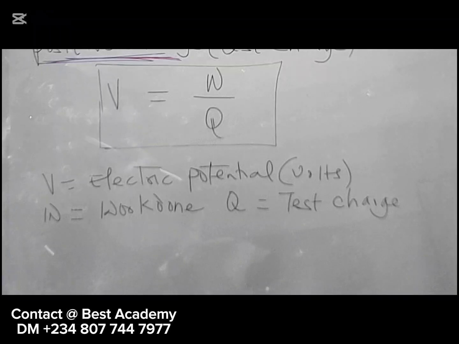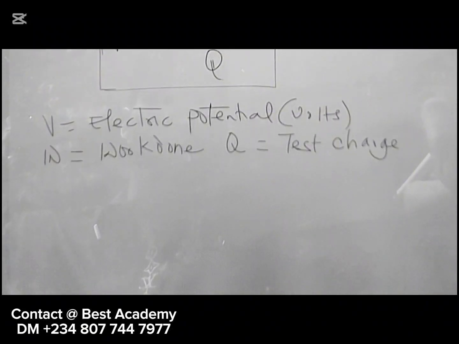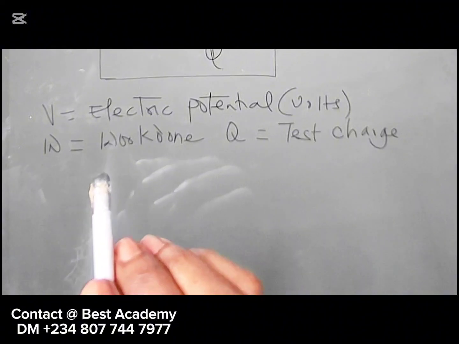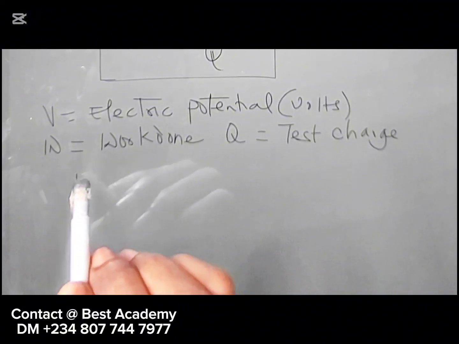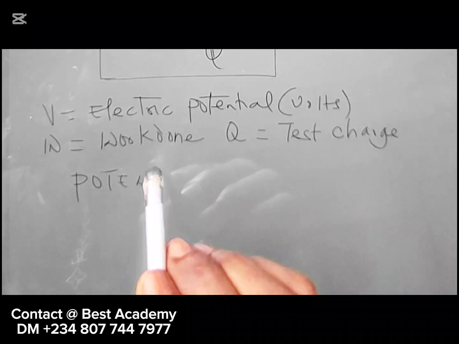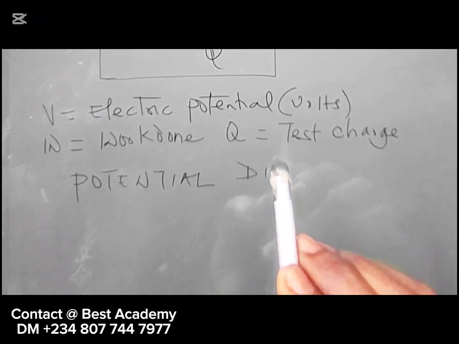So we have known the definition of electric potential, that is the amount of work done per unit test charge. Now let's consider the definition of potential difference.